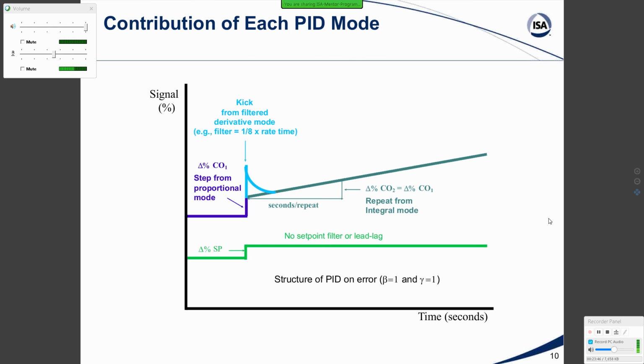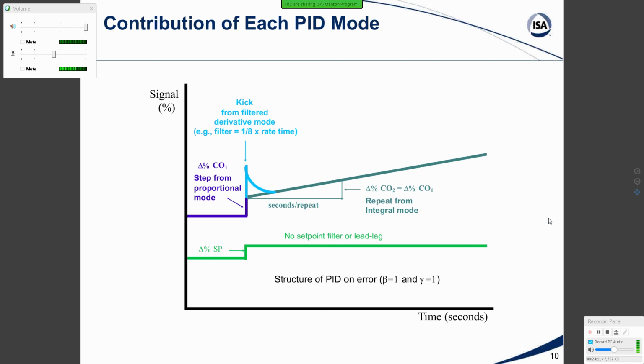Well, we're going to finally get to the reaction of the PID controller. And here we're focusing on the response of the PID controller itself. So while there is a measurement, it is not changing. All we're seeing the effect of is the set point change.